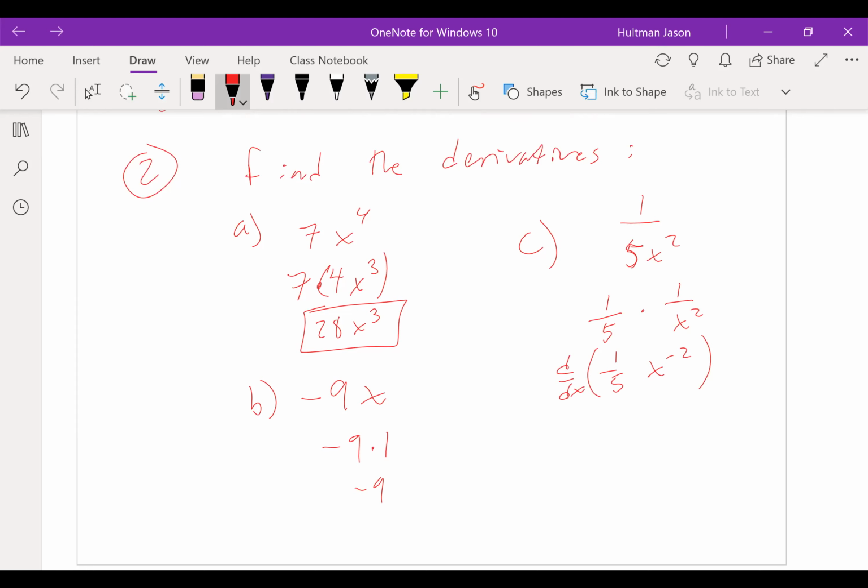So this is going to become 1/5 times negative 2 x to the negative third power, which becomes negative 2/5 x to the negative third. I'm going to bring that negative third down below, and it becomes negative 2 over 5x cubed.